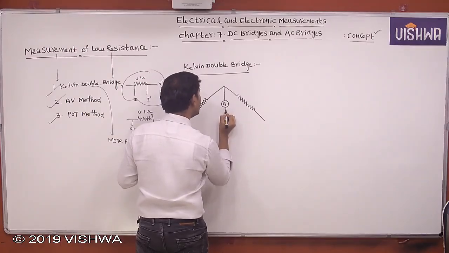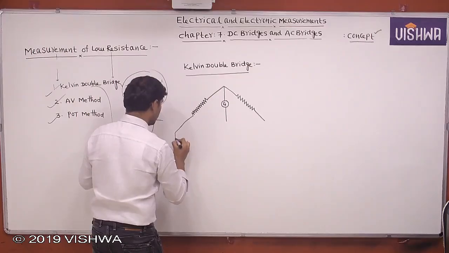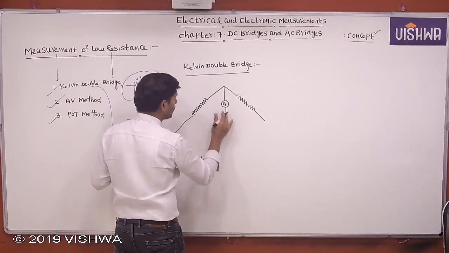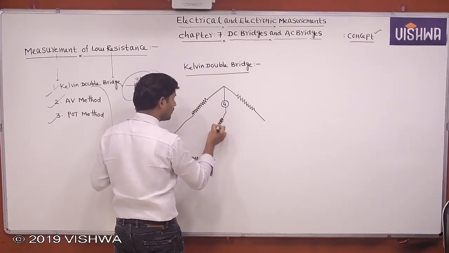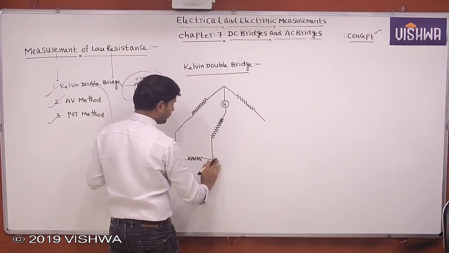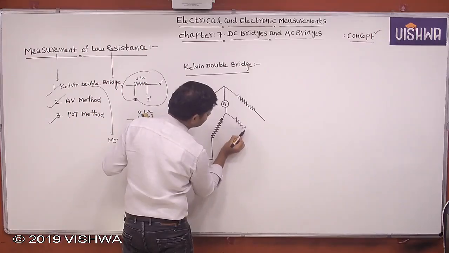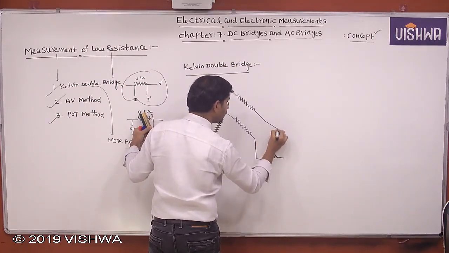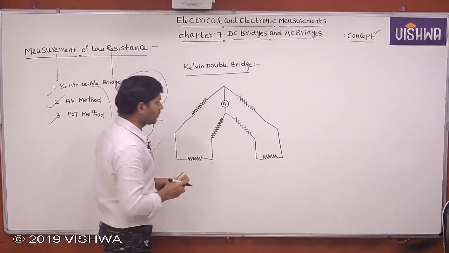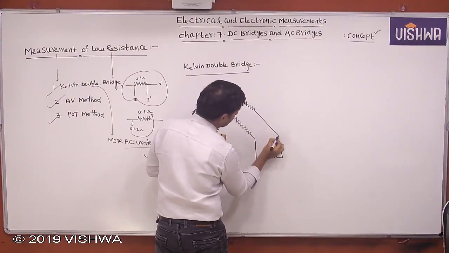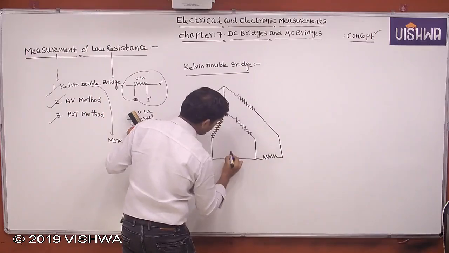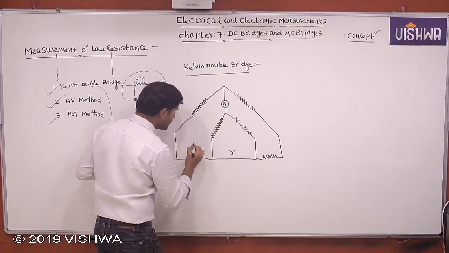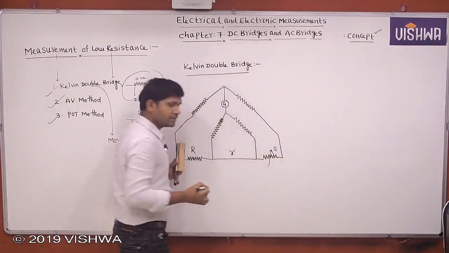This galvanometer, note down parallelly, don't wait. The small r is the lead wire or connecting wire resistance that connects the unknown resistance and the standard known variable resistance, capital X. Okay.